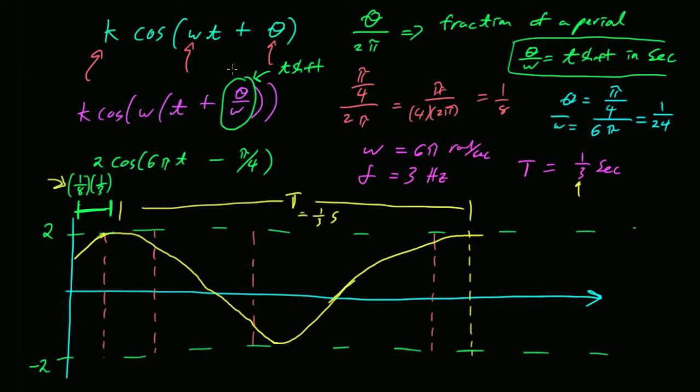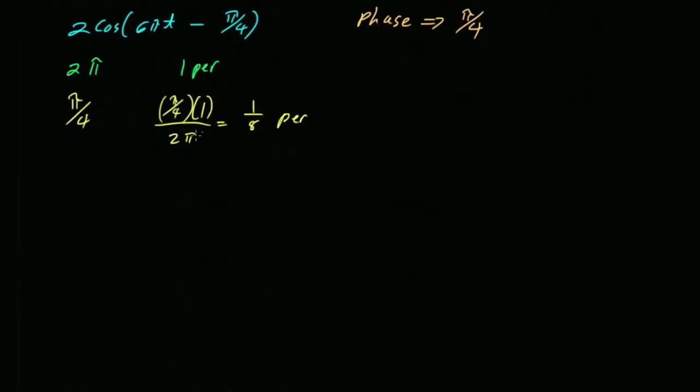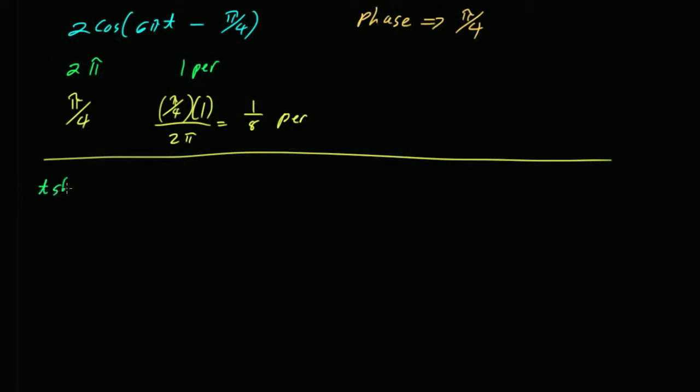Now theta over omega is a time shift in terms of seconds. I know that because it's directly subtracting from the t. So my time shift in seconds is going to be theta over omega, which in this case is pi over 4 as my theta, and my omega is 6 pi.